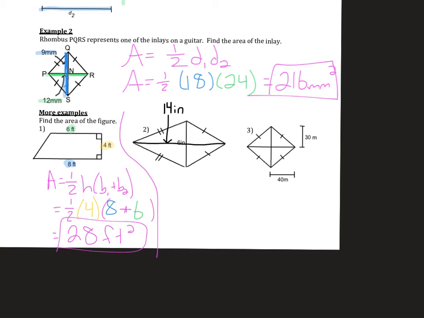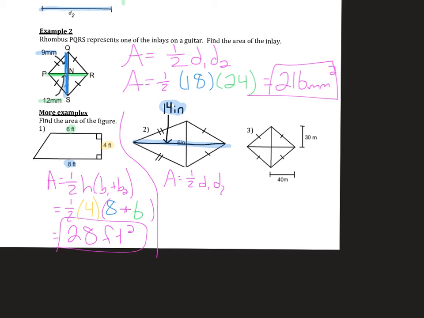The second one here is a kite. So it's 1/2 D1, D2. Okay, so this one, we are given some information. So we're told that this right here is 14, and that is this whole thing here.